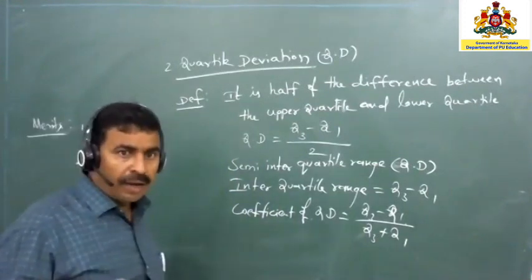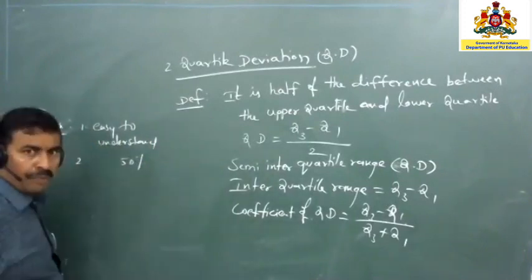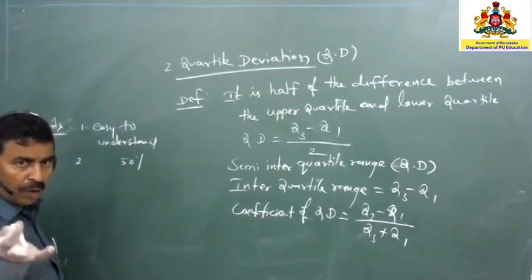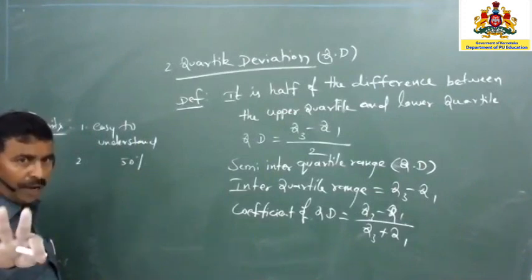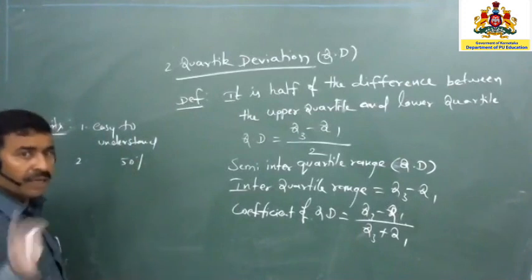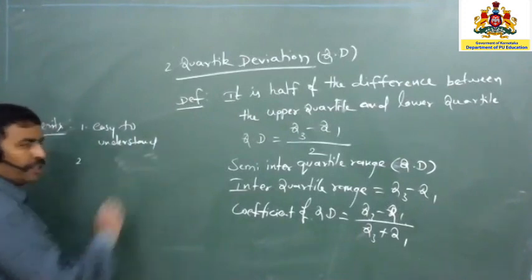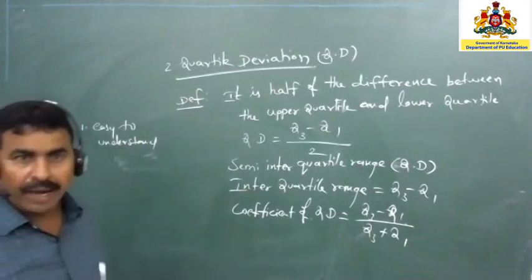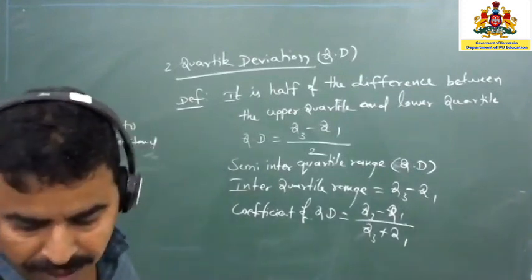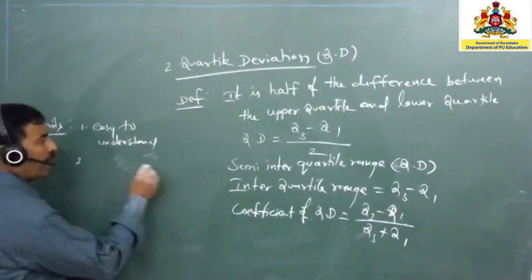It is based on 50% of the observations, but range is based on only 2 values, so it is approximate. Here 50% of the observations are considered in the calculation. Then, it is not highly affected by extreme values.